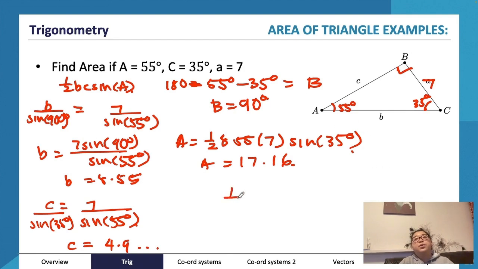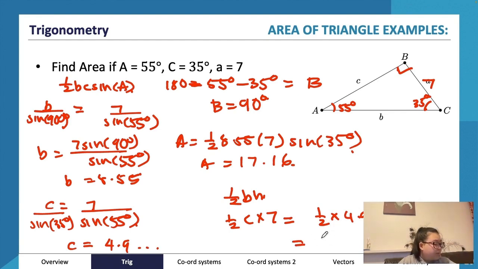So technically we could just use a half base times height for this, and the height is just C, so it's a half C times 7, because base times height. So it would have just been a half times 4.9 times 7, which would have worked out to be 4.9 times 7 over 2. So yes, it would have also worked out to be 17.16, which we would have expected, right? So you can see how it works both ways.